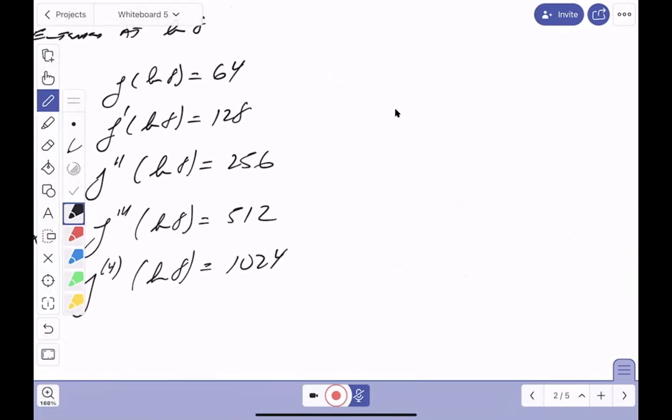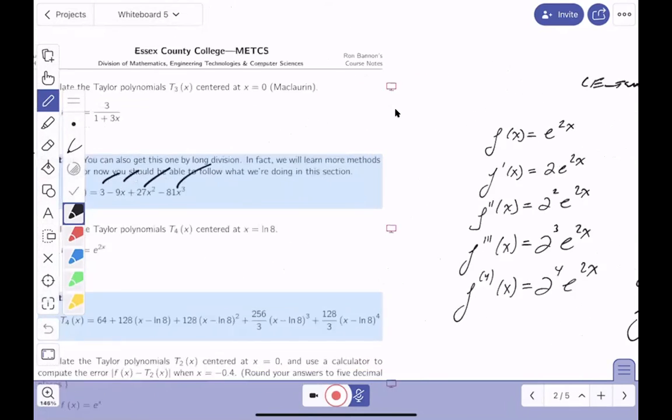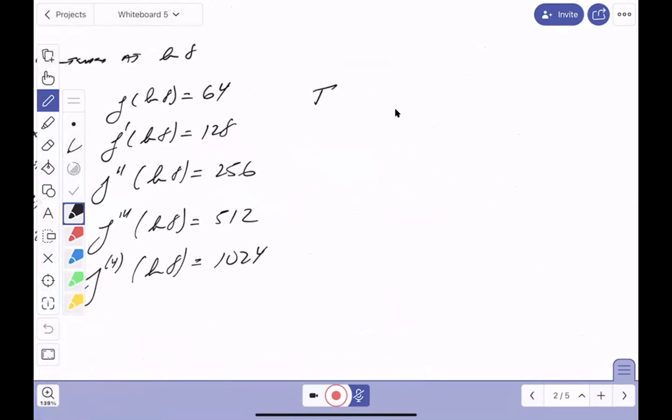Let's write it down now. I'll put this over here. And I got to remind myself, I think it's T4. I don't want to do something I'm not asked to do. T4 centered at ln 8.